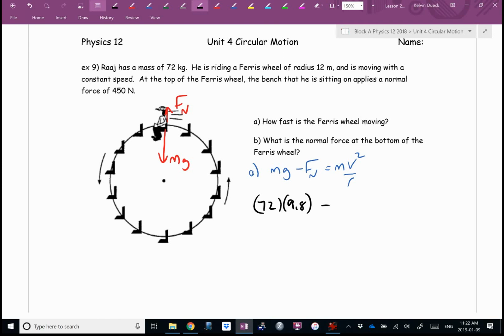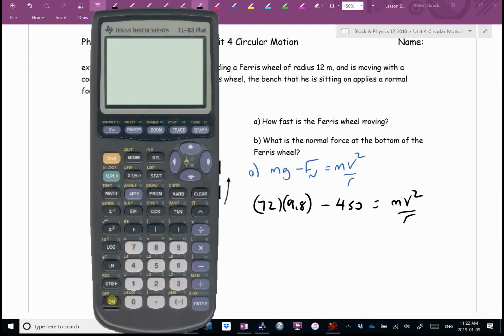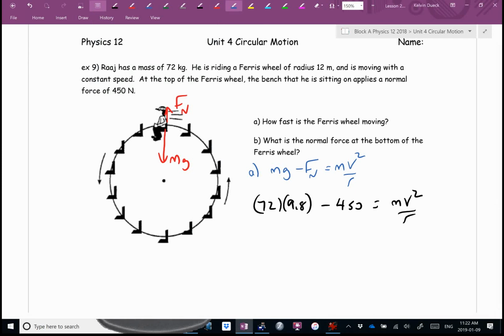That would be a little extra mark if this was a written question, but they gave it to me in newtons. That equals mv squared over r. Let's crunch this left-hand side. I get 255.6. Yes, double check me.